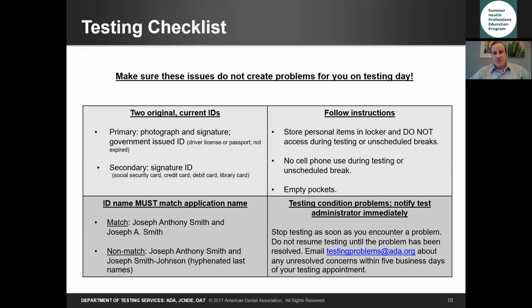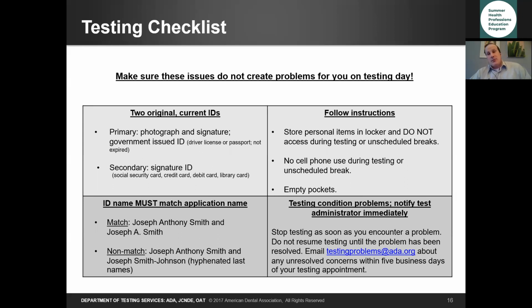So there's some leeway there. However, if there's a middle name and there isn't a name or initial on your ID, that could potentially present problems. Or as in the example given there, if there is a hyphenated name on your ID and only one last name on your application, you would likely be stopped from testing for those reasons.